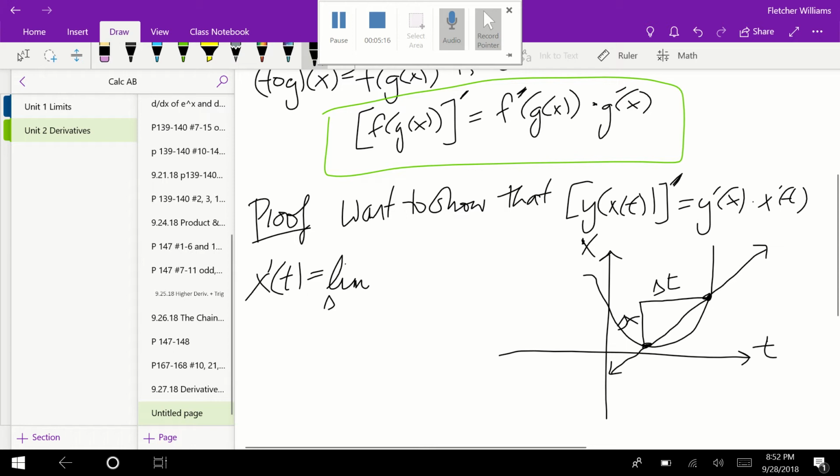Okay, so we found that the limit as delta t goes to 0 of the slope of the secant, instead of writing all the symbols that we used to write, I can just write very simply delta x over delta t. That's the derivative of x with respect to t. I'm not going to draw the graph, but you can actually do the same thing if you had a graph of y versus x.